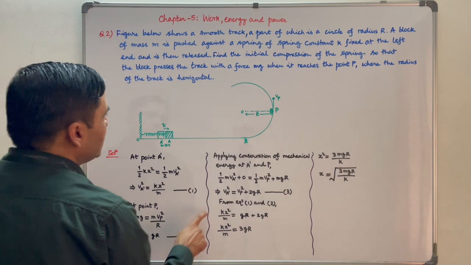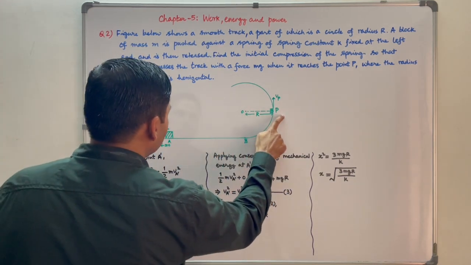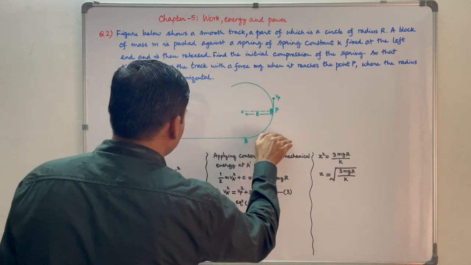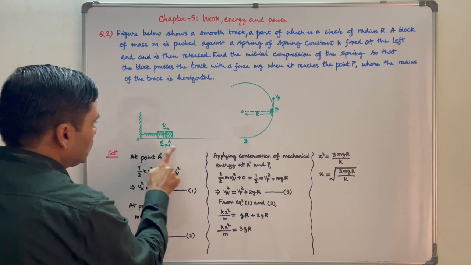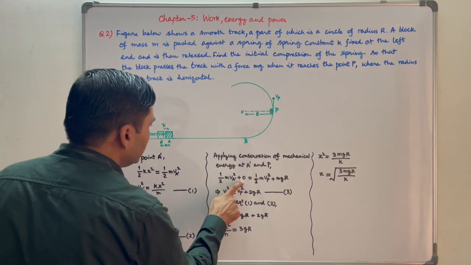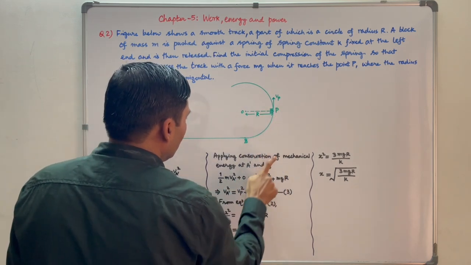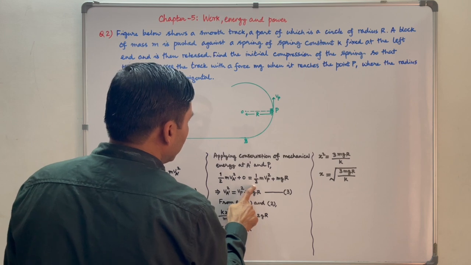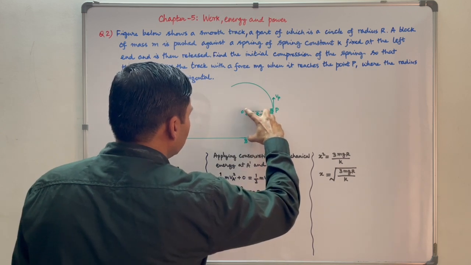We can apply conservation of mechanical energy at point A dash and P. Suppose this is reference line. So kinetic energy of the block at point A dash is equal to half m VA dash square and potential energy is 0. Kinetic energy of the block at point P is 1 by 2 m Vp square and potential energy of the block is mg into this height, and that is radius of the circular path.